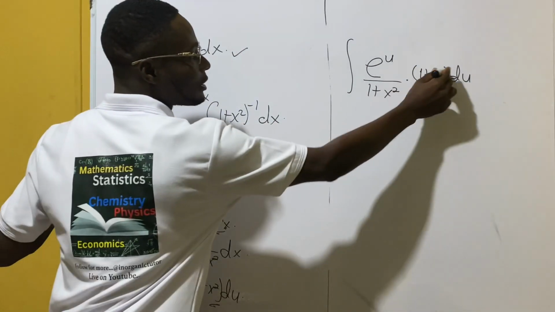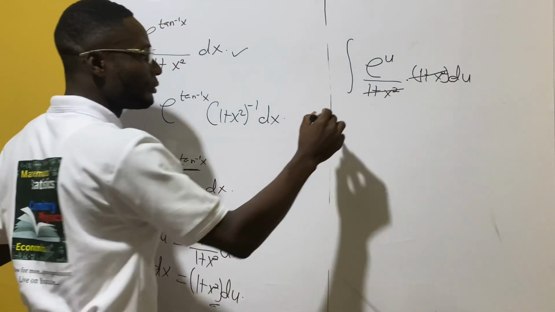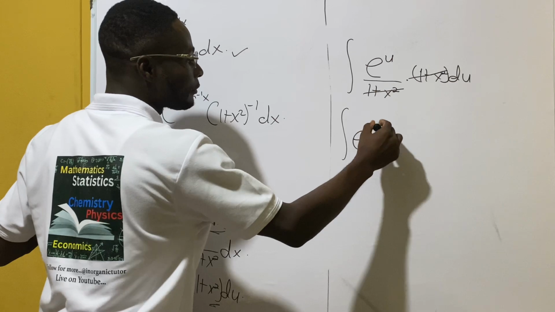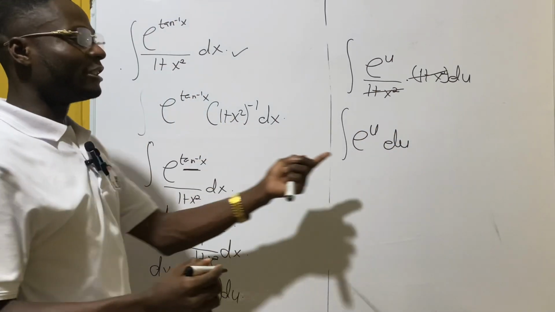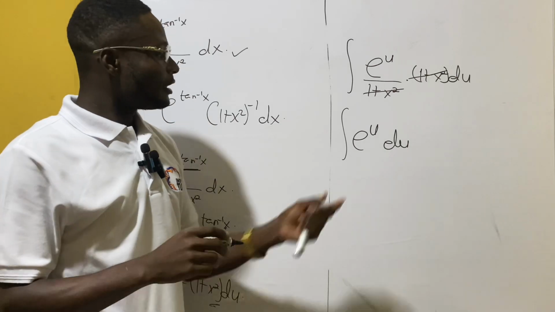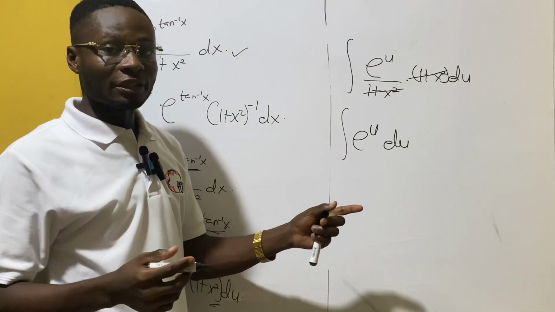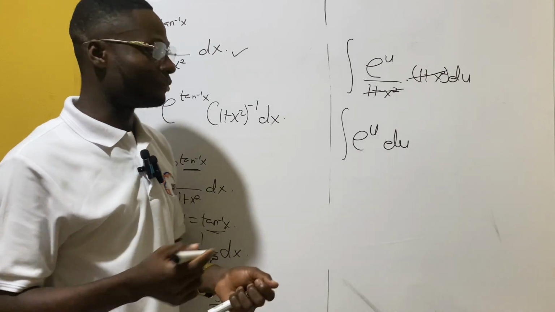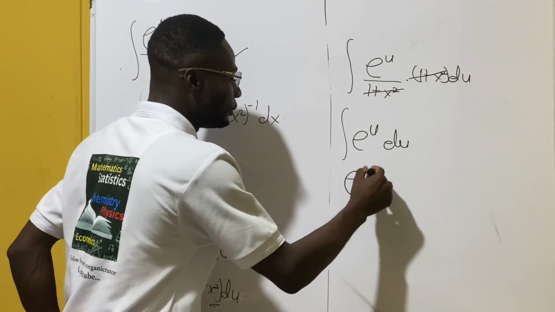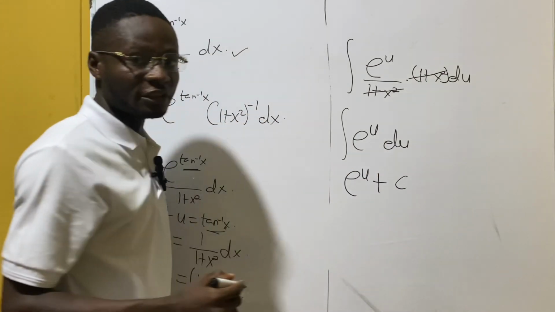So this cancels, and we're going to have e power u du. It's well known that when you integrate an exponential function e power u, it remains the same. So you're going to have e power u plus our constant of integration.